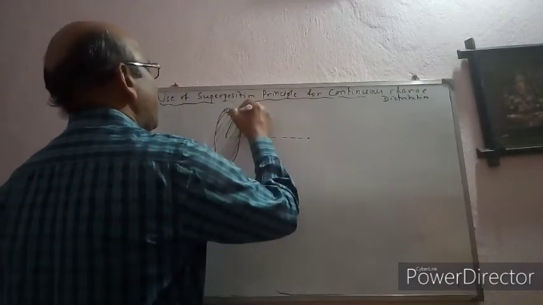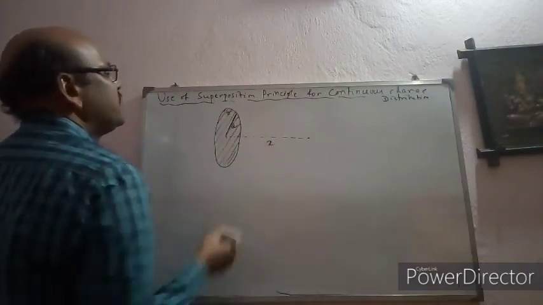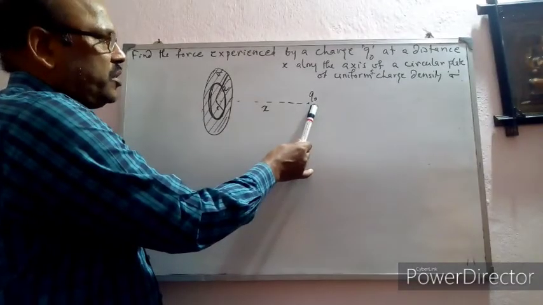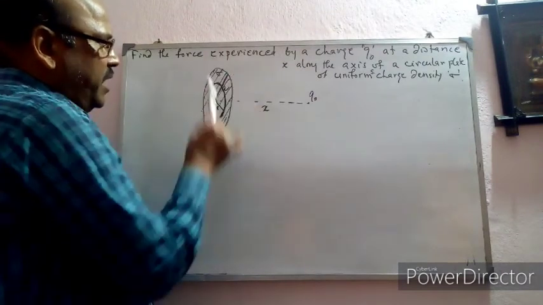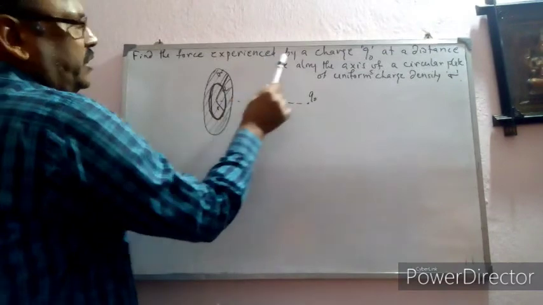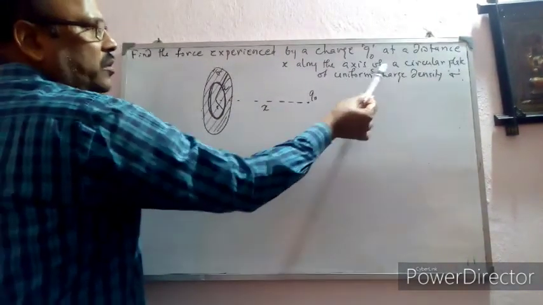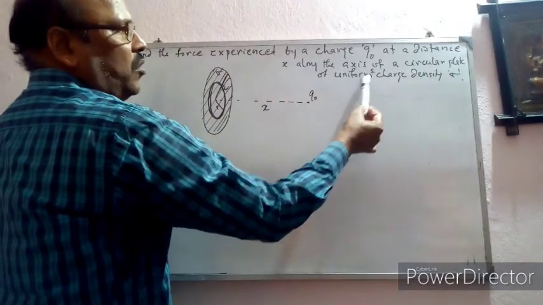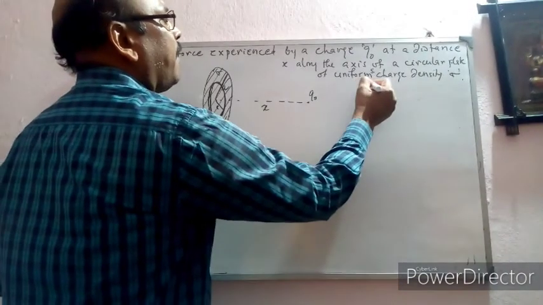The plate has radius a and charge density sigma. A test charge q naught is kept on the axis of a circular plate of radius a and surface charge density sigma. Find the force experienced by a charge q naught at a distance x along the axis of a circular plate of uniform charge density sigma and radius a.